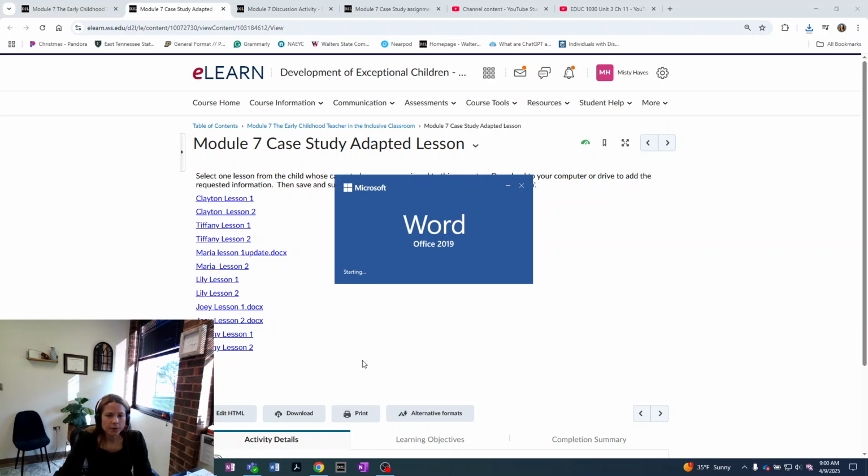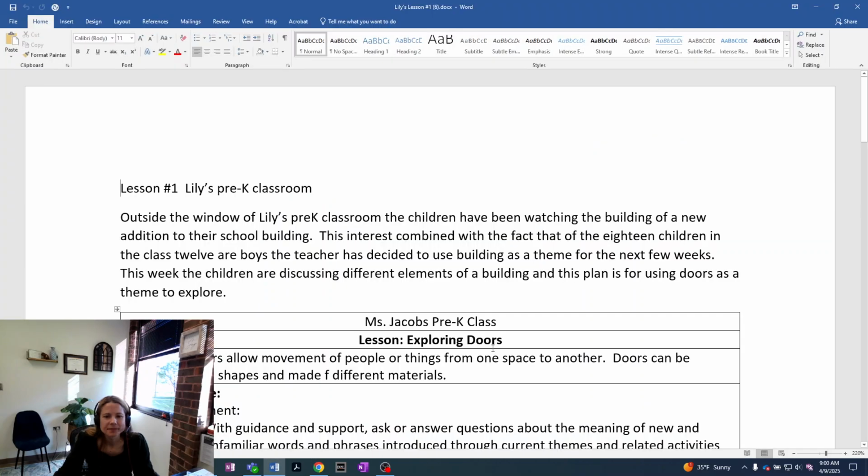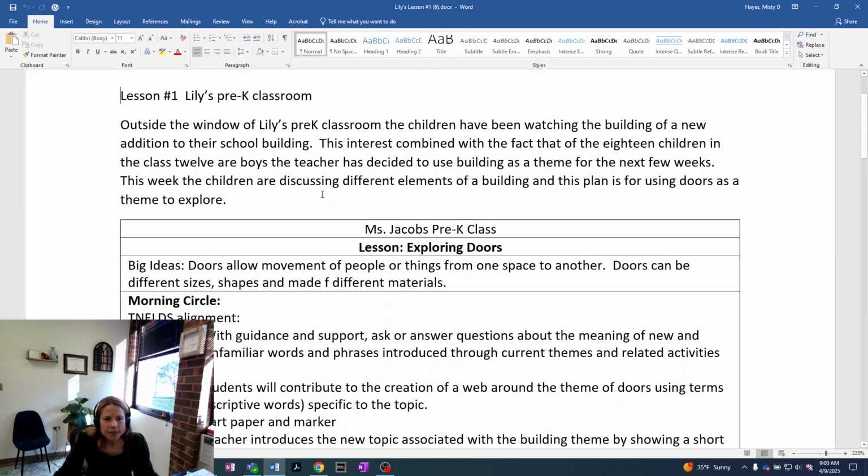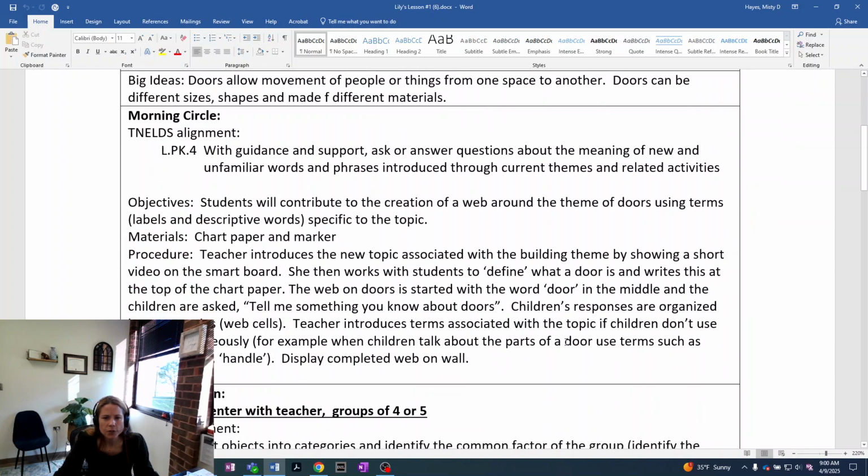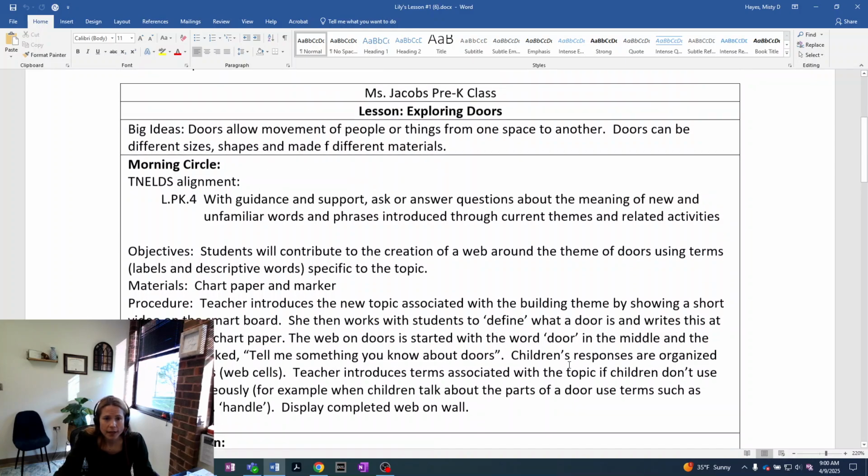I apologize for it being so slow, but it's trying to wake up. Here's the lesson. What we want Lily to be able to do, what's the big idea? We want her to look at different movements of people or things, and contribute to the creation of the web around the theme of doors.